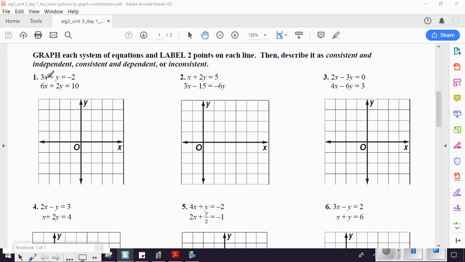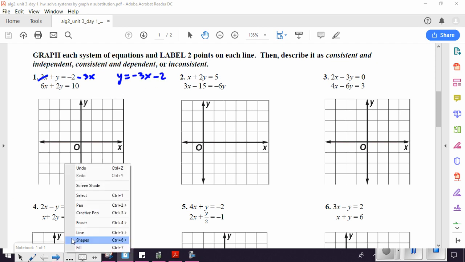So for equation 1, I know to cancel out 3x over here, it would have to be a minus 3x on the right-hand side, which means that the equation would say y equals negative 3x minus 2 in slope-intercept form.